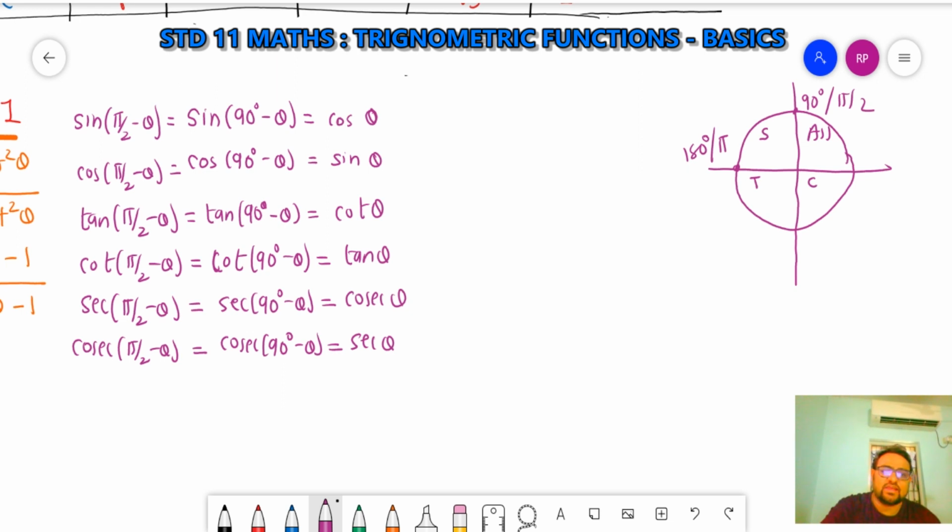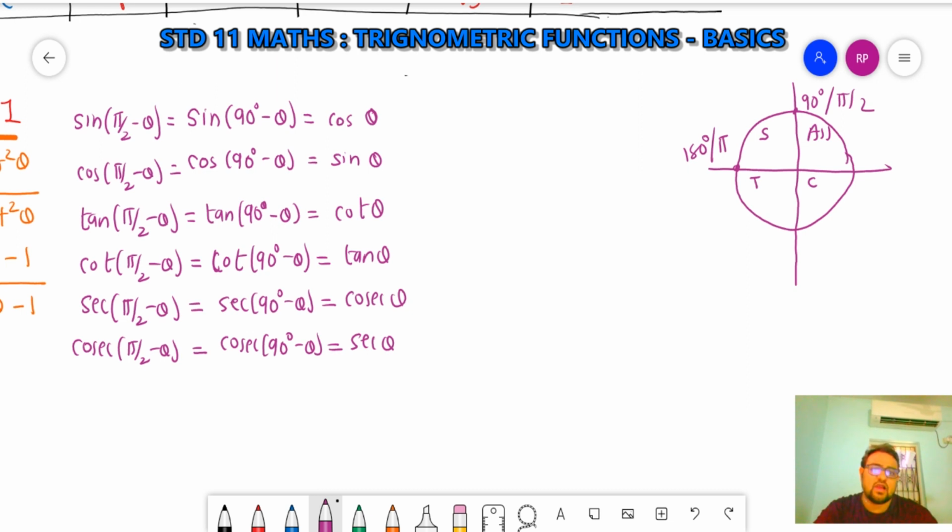In every case, when there is a pi by 2 shift or 90 shift, sine converts to cos, cos converts to sine, tan converts to cot, cot converts to tan, sec converts to cosec, cosec converts to sec.